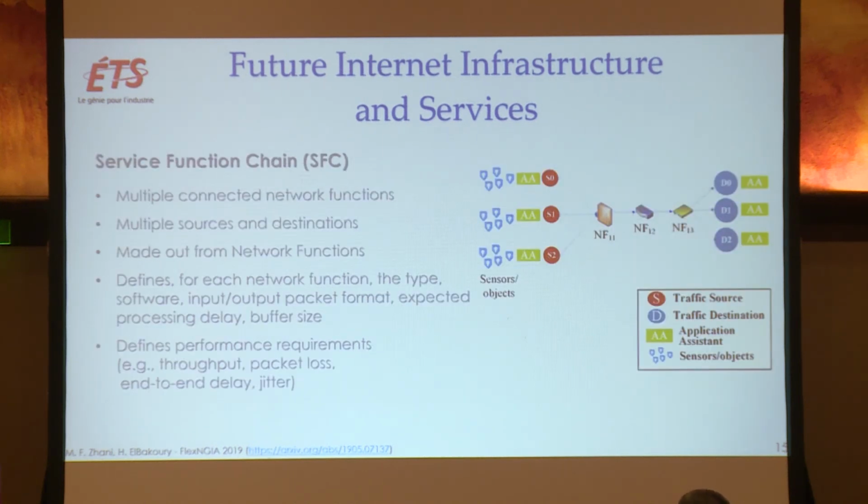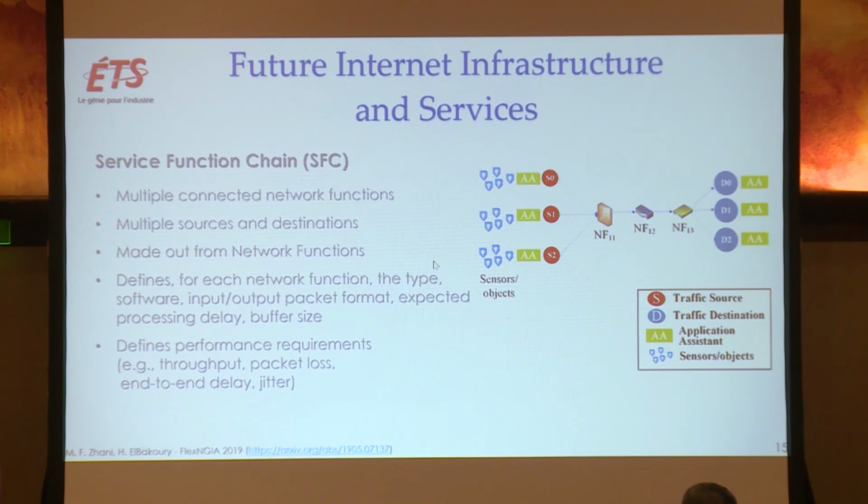So here I'm providing an example of a service function chain. You can see here that there are different functions. I have traffic coming from different sources. So we have sensors here. The traffic comes from the sensors and goes through the different network functions to reach multiple destinations.